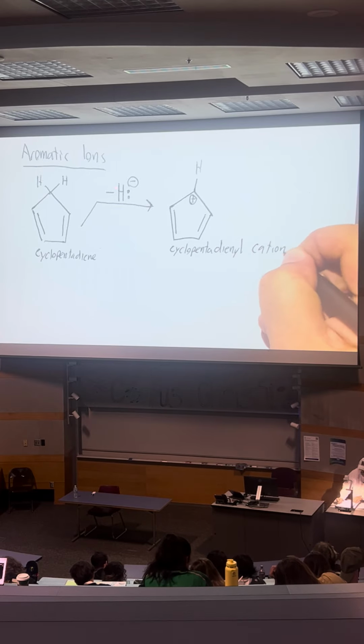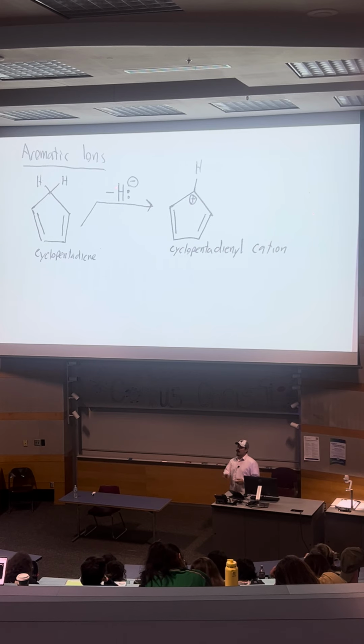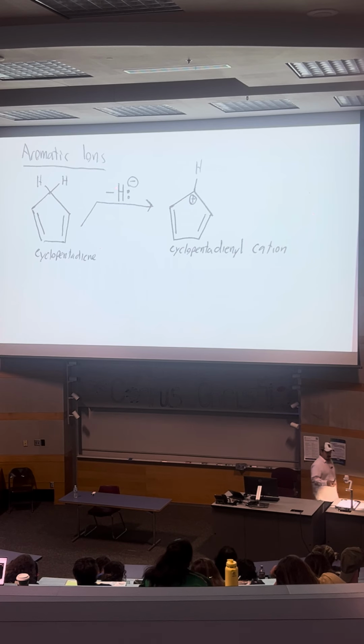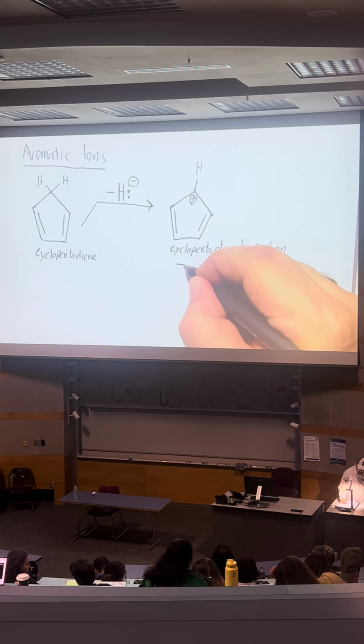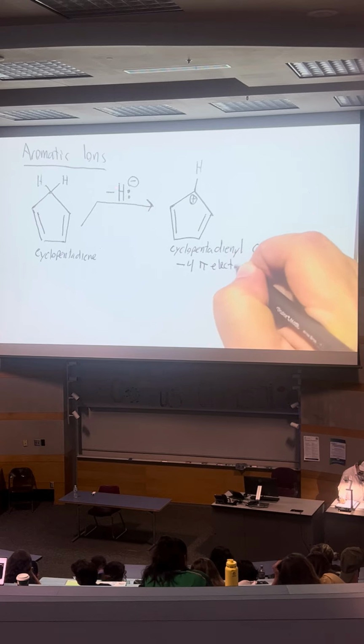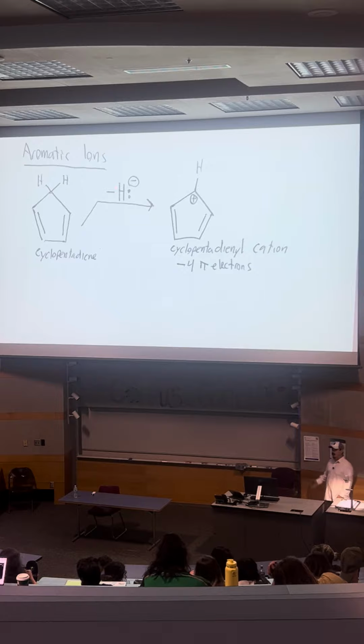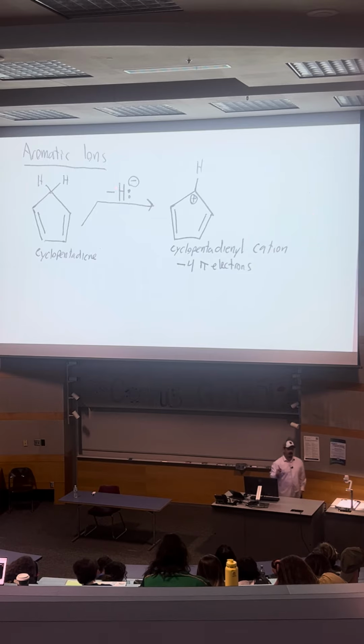And so then the question is, how many pi electrons do we see? Well, there's 2 pi bonds, 2 pi electrons for each of those. And so this particular example has 4 pi electrons. The Huckel output is 2, 6, 10. So this is an example of a cation that is not aromatic.